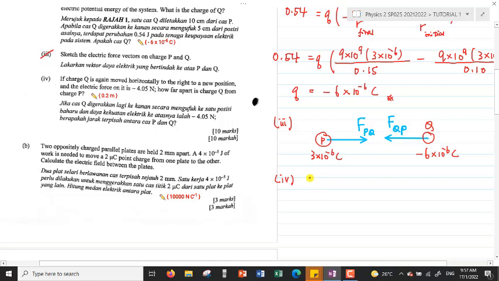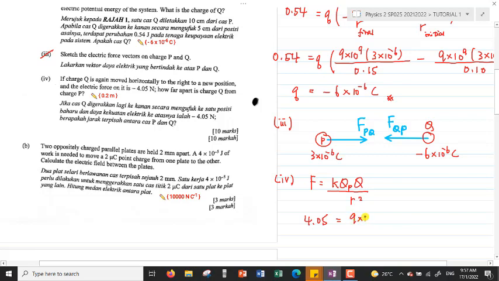So we can relate with the Coulomb electric force equation. F is k Q_P Q_Q over R squared. So the force is 4.05. I just take the magnitude.